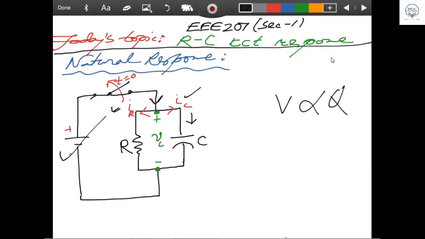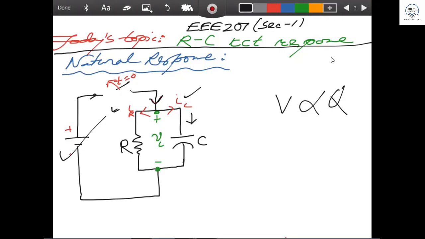Now look carefully. With the voltage developed in the capacitor, at time t equal to 0, if someone opens the switch, the capacitor which accumulated the charge will discharge.